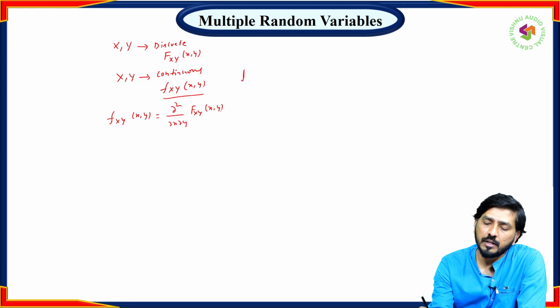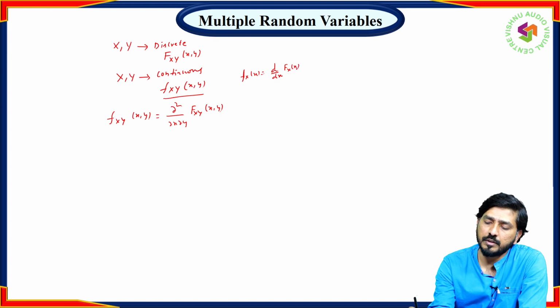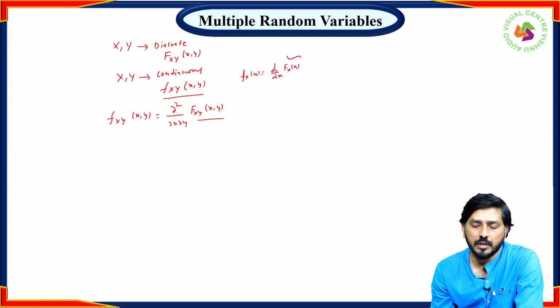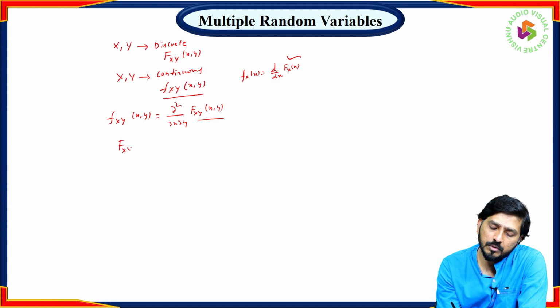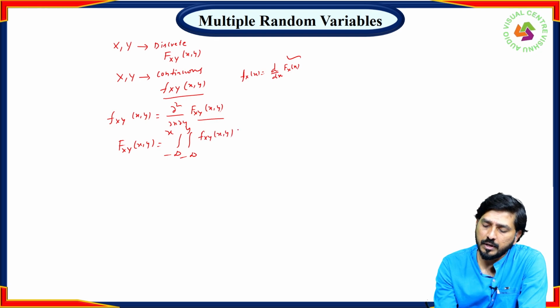We have seen the density function fx of x is the differentiation of the distribution for a single random variable. Here is the two random variable case. Similarly, the distribution function is the integral from minus infinity to x and integral from minus infinity to y of small fxy of x comma y dx dy.